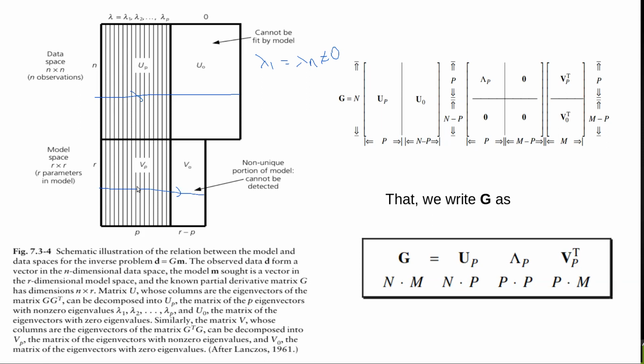We call this the data space, and this the model parameter space. So the V space is the model parameter space, the U space is the data space.